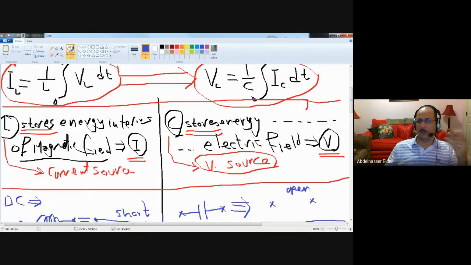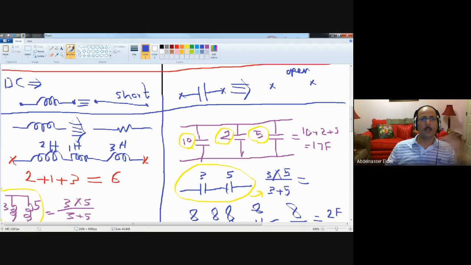The inductor is storing energy in terms of watt, and the capacitor doing what? In case of DC, what do you have to do to solve any problem? You need to replace the inductor by short circuit, and the capacitor by open circuit.